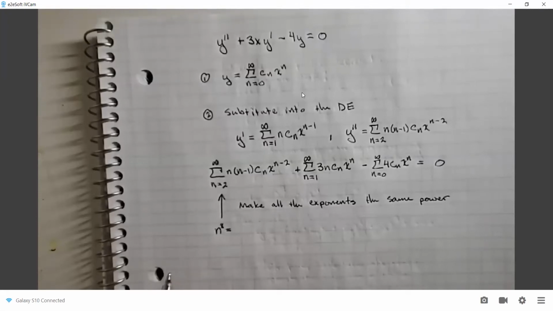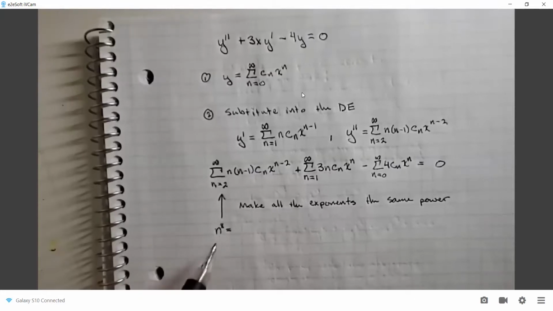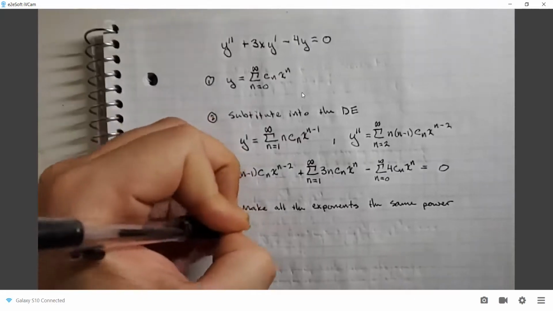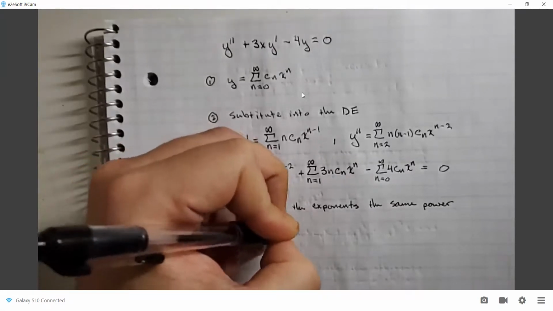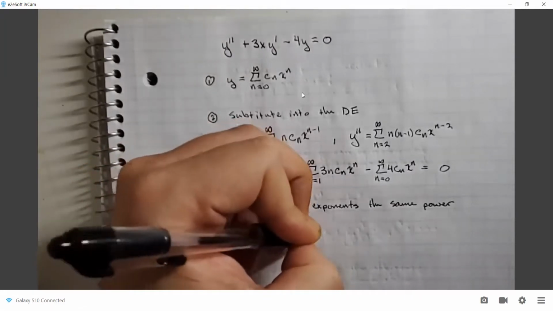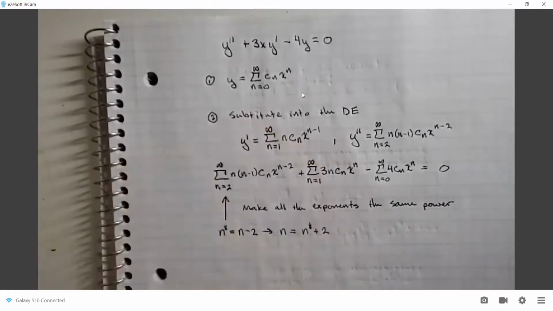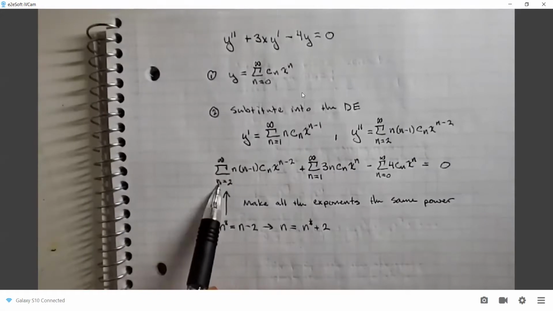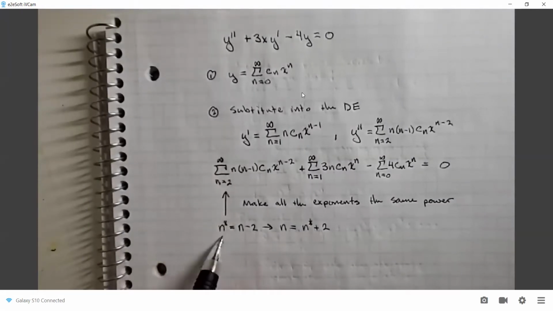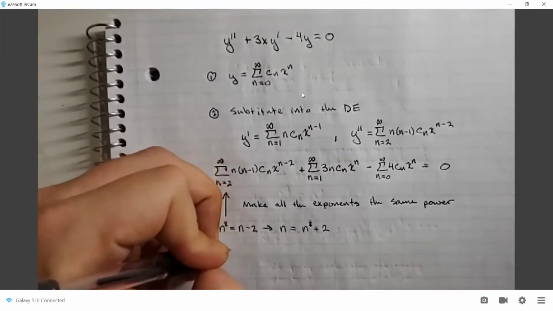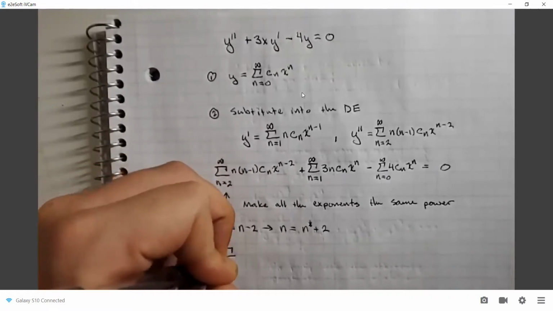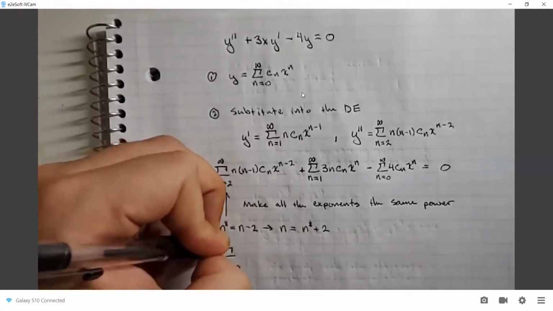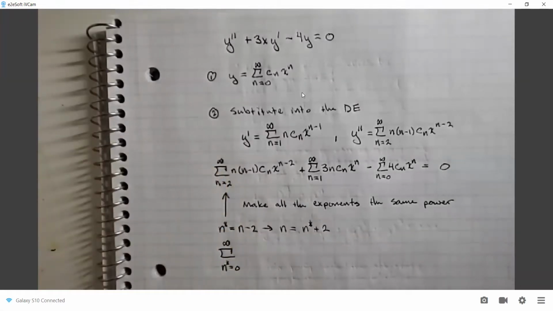So my shiny new n is equal to my old n minus 2, which means my old n is the same thing as my shiny new n plus 2. So if my old n is 2, then my shiny new n would be 0. So n star goes from 0, and then infinity minus 2 is infinity.